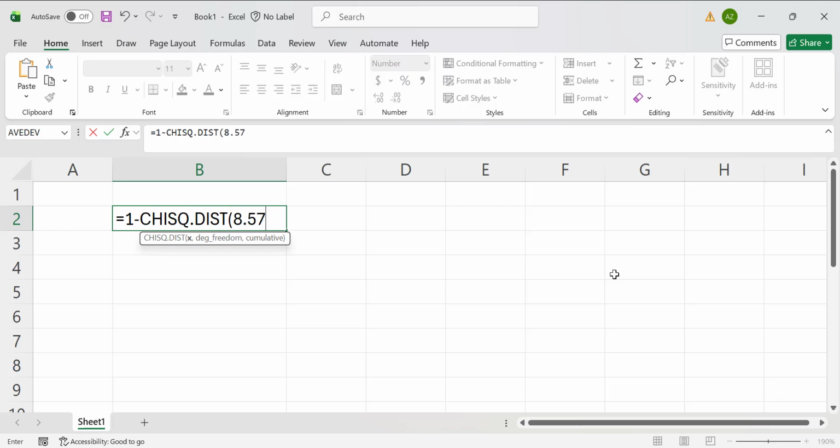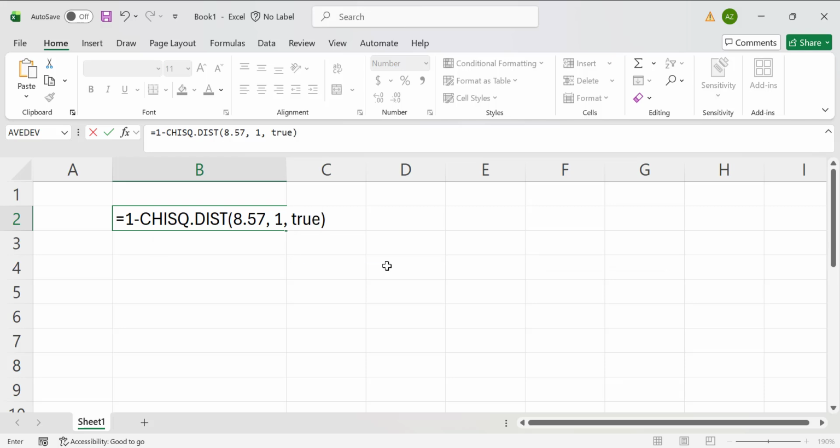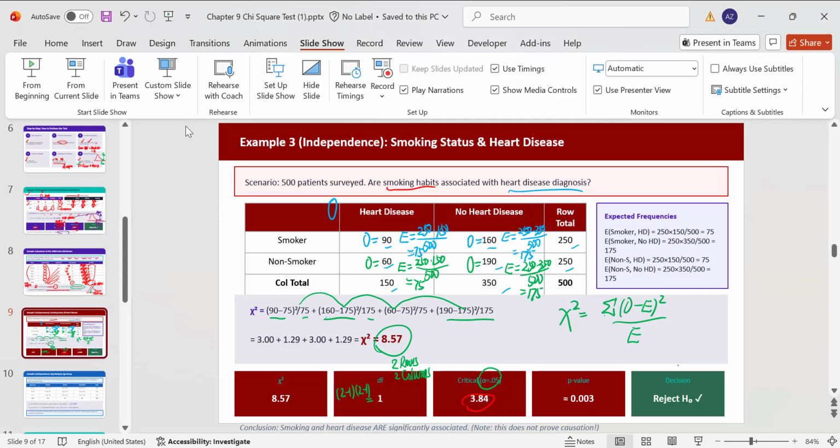That's the test statistic chi-square value. Degree of freedom is 1. But we want the area on the right, so that's why we do 1 minus the area to the left. And then it turned out to be 0.003. And that is exactly what we see from the PowerPoint here.